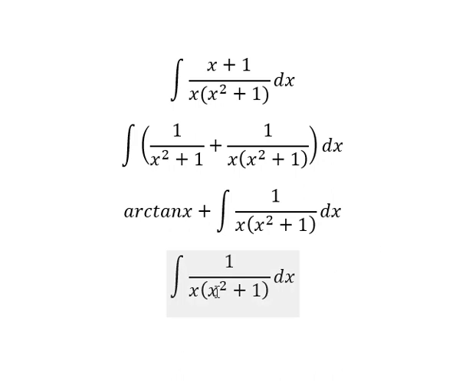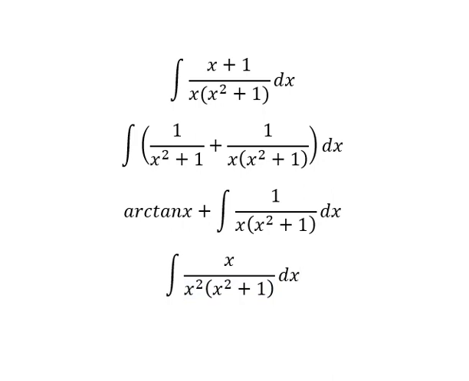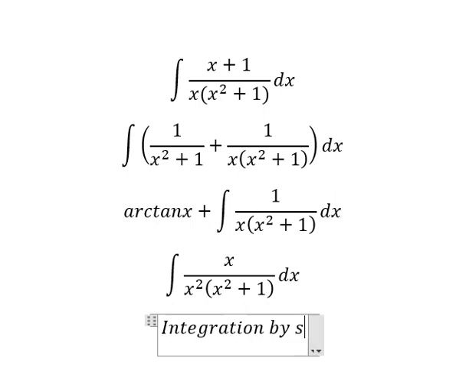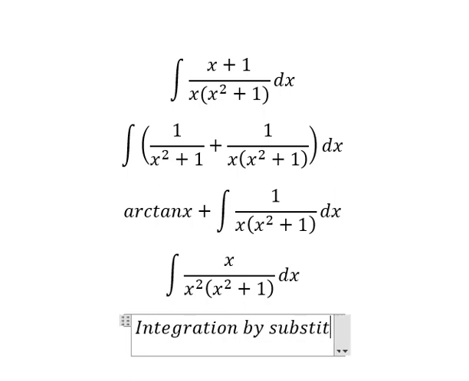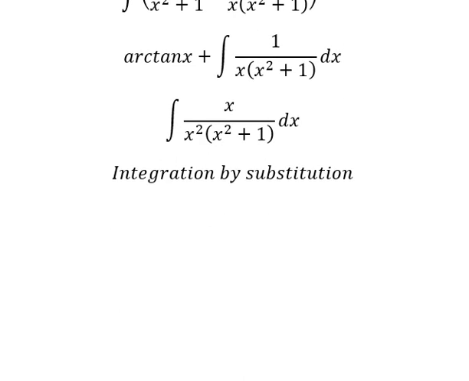So we need to multiply by s on numerator and denominator. Next, we can use integration by substitution. So I will put u equals s squared.